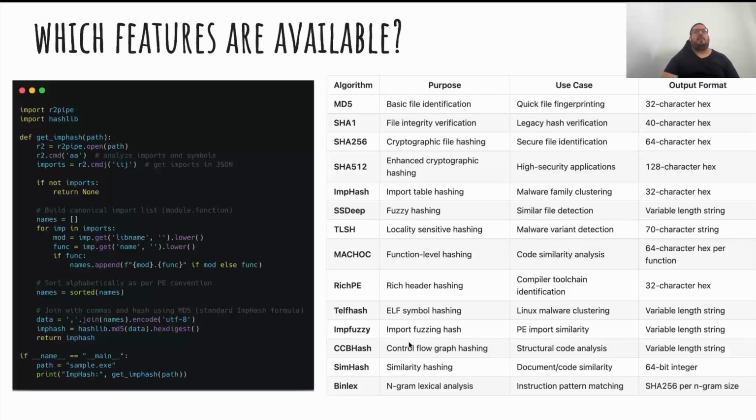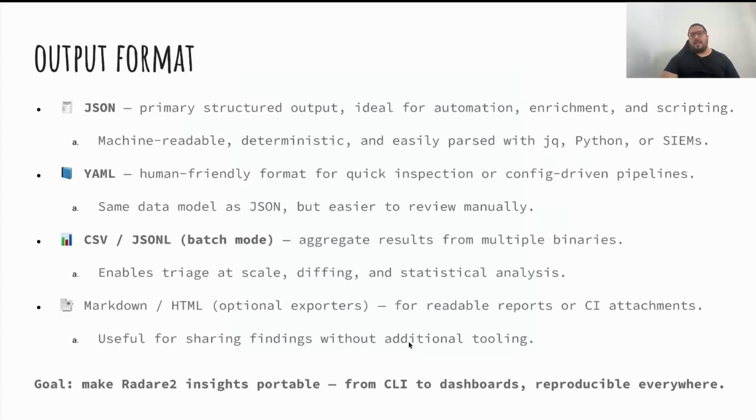This is an example on the left of how you can create a new plugin in the system, something really easy. As an output format, again, what I tried to cover is all the possible scenarios. On one side you have JSON, the primary structured output, which you can easily parse with jq or even with Python, or index in a SIEM, Elasticsearch, whatever you want to use.